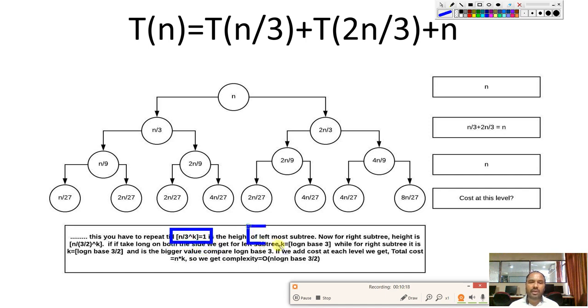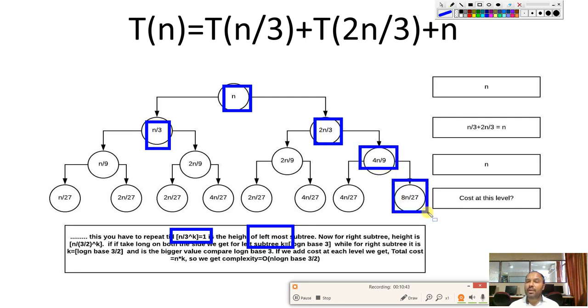And this is the height of the left subtree, because we know on the right hand side we are not having n by 3 value, we are having 2n by 3 value. So we also require to find out the pattern here. The pattern is going to be, here we can write n divided by 3 by 2 raised to 0. 2n by 3 can be written as n divided by 3 by 2 raised to 1, n divided by 3 by 2 raised to 2, n divided by 3 by 2 raised to 3, and so on.